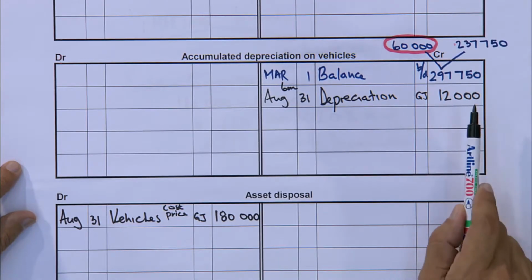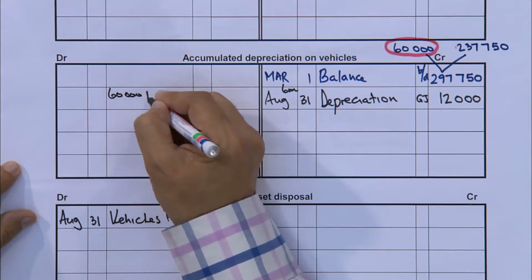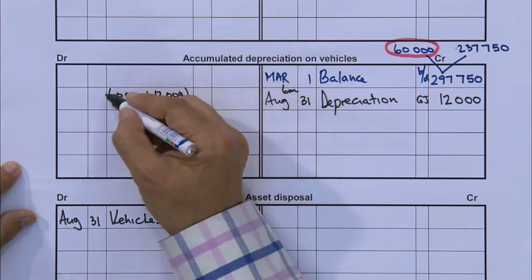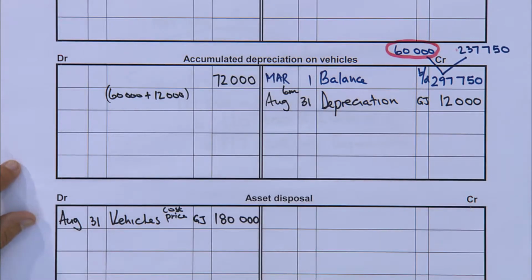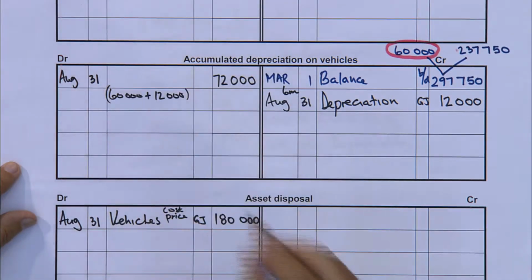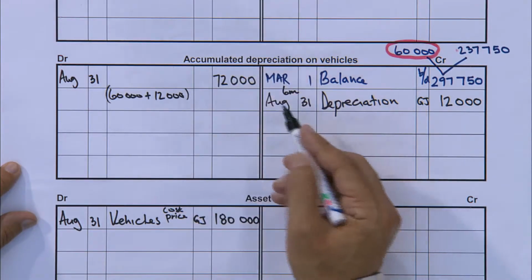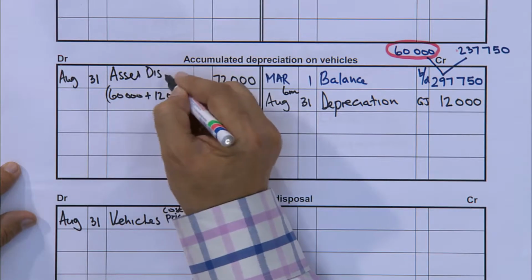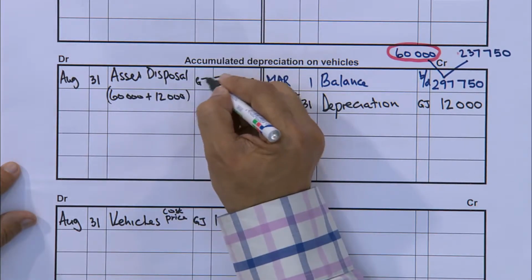So the total accumulated now will be the 60,000 that we had at the beginning of the year, plus the 12,000 extra that we wrote off for this year, and that should give you a total of 72,000. This is happening on August 31st because we're going to sell that. So I'll have to take the 72,000 out of the accumulated and take that to asset disposal. Again, general journal in your folio.